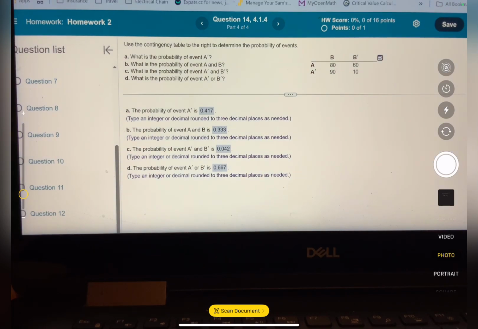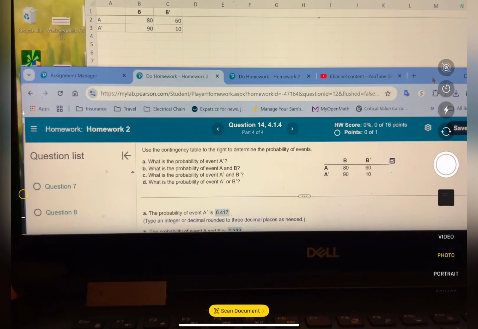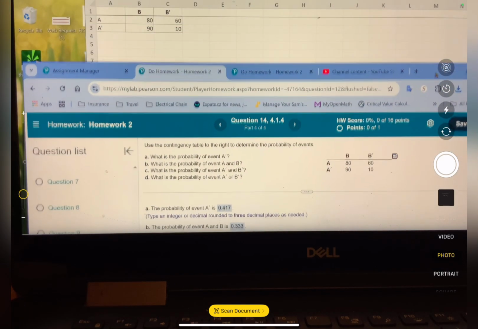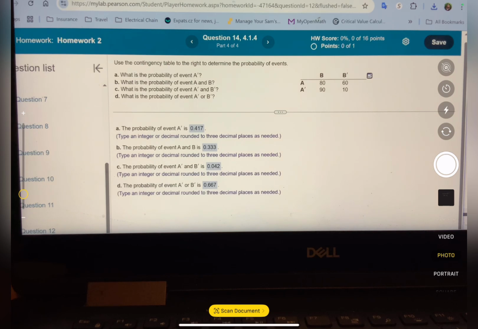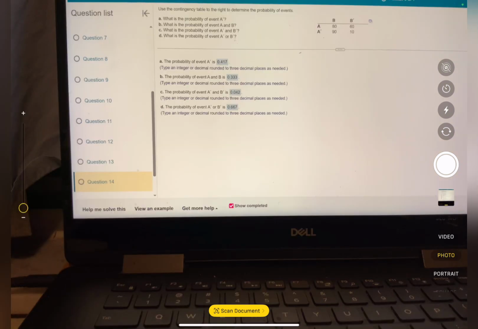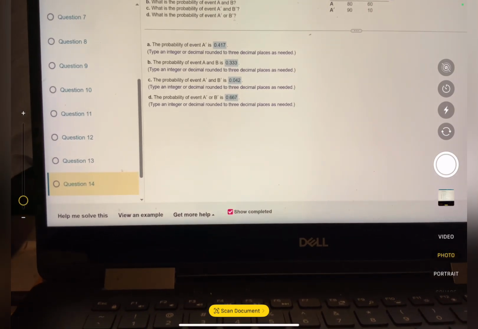So use the contingency table, which is this table here, and we move to the Excel spreadsheet: 80, 60, 90, 10. So to find the probability of event A prime, first of all, we need to, let me zoom it a little bit so you can see better.